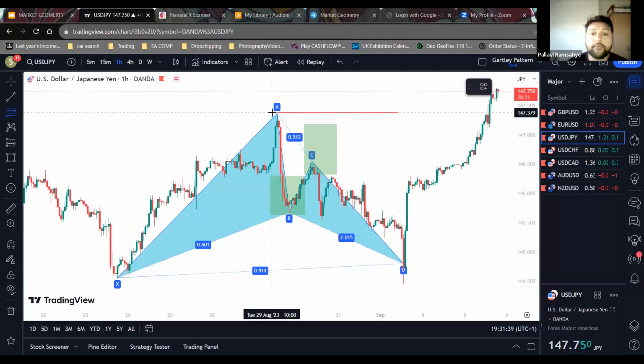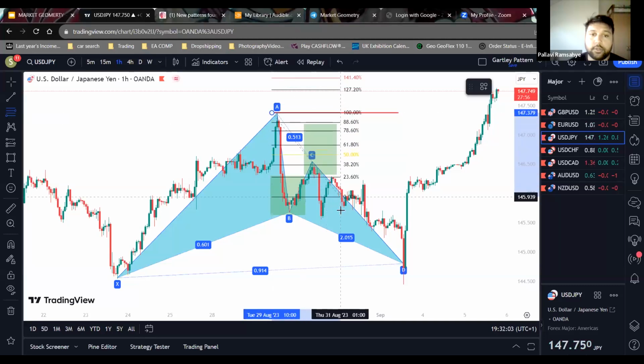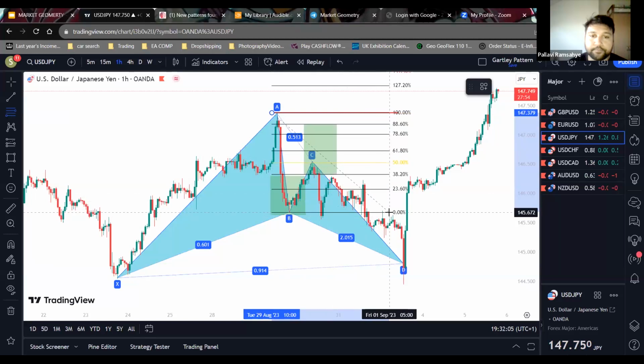We're looking for the expansion for point D. So where can we place our Fibonacci tool? From which 2 points? So we're actually placing it from A to B, okay?